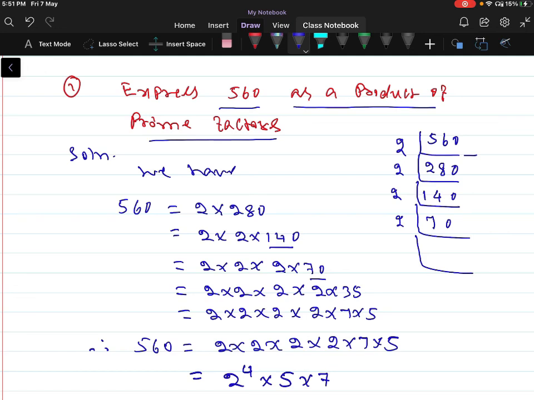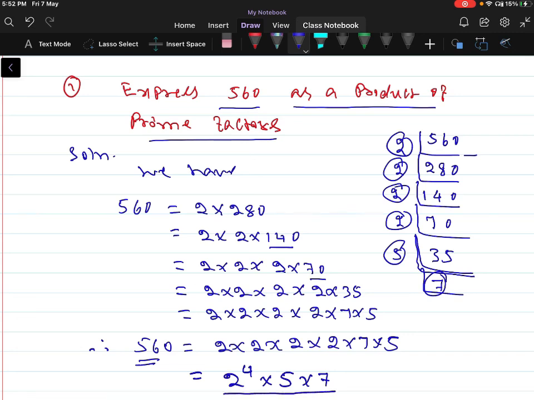Then 35 can be divided by either 5 or 7, where 5 is a prime number, giving 5 sevens. Therefore 560 can be written as 2 into 2 into 2 into 2 into 5 into 7, that is 2 to the power of 4 into 5 into 7.